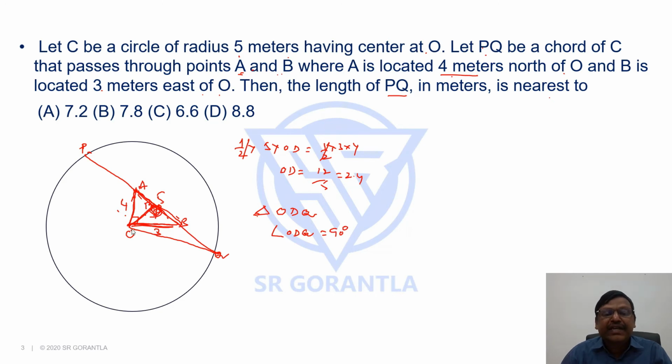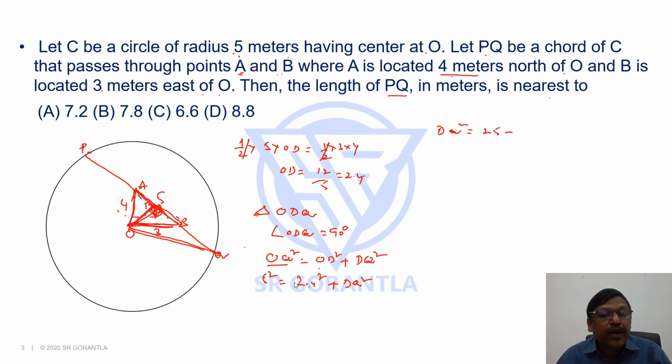So we can say that OQ square will be equal to OD square plus DQ square. But what is OQ? Nothing but the radius, and radius is 5. 5 square equals OD square, and OD we just got as 2.4, 2.4 square plus DQ square. From this we can say DQ square equals 5 square, 25, minus 2.4 square.